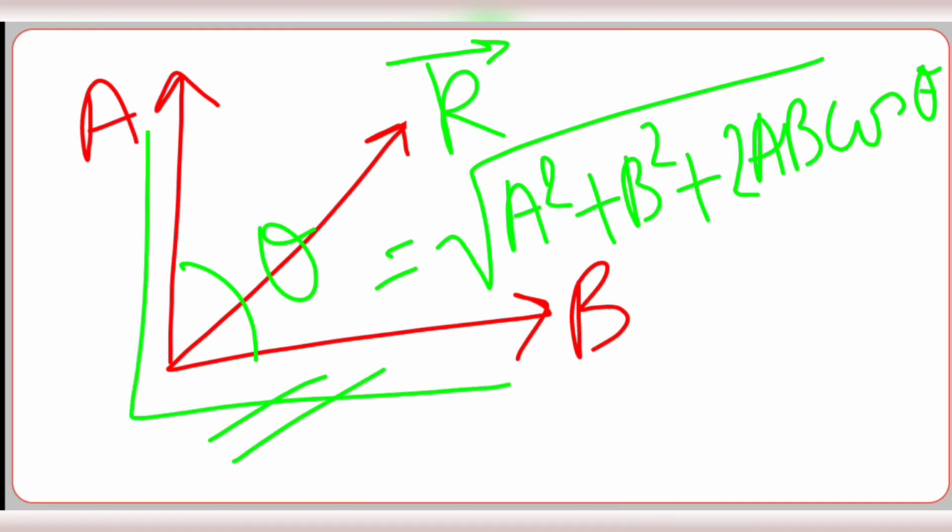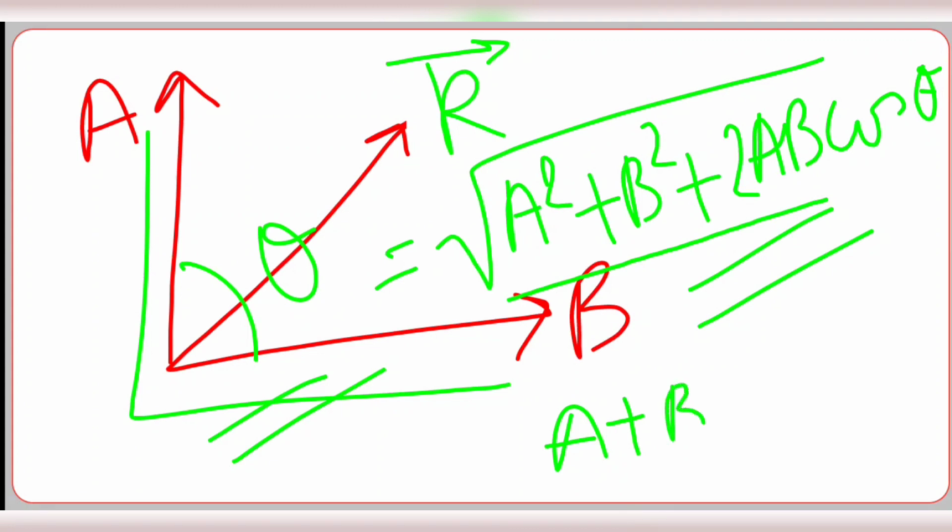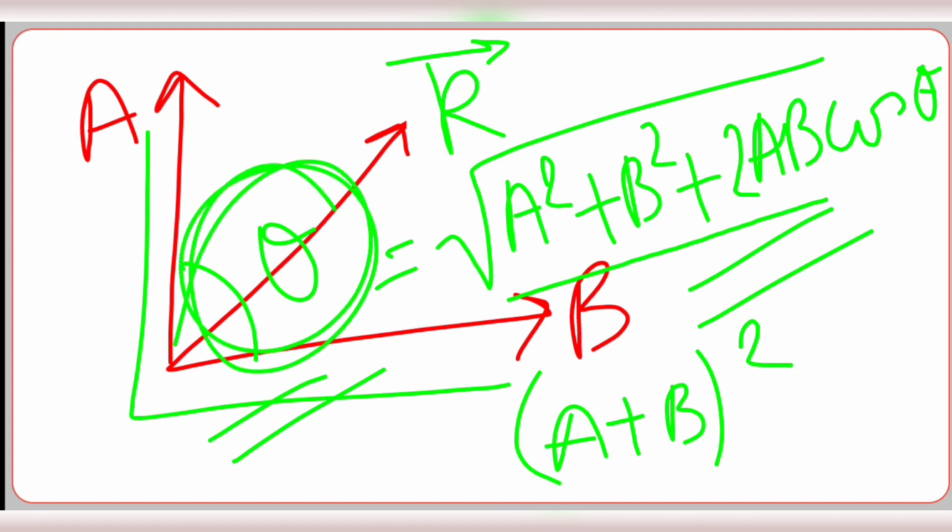This is the formula. We can see that this is the formula of A plus B's whole square. So the resultant vector's formula is the root of A square plus B square plus 2AB cos theta, the angle formed between the two vectors.